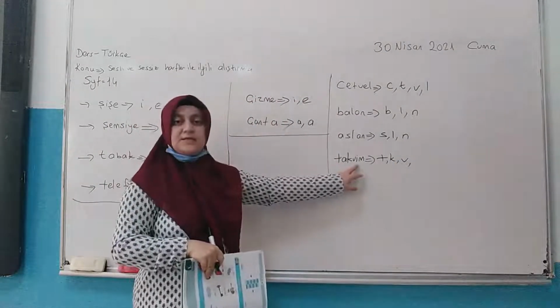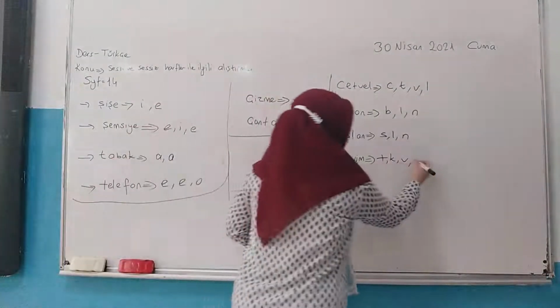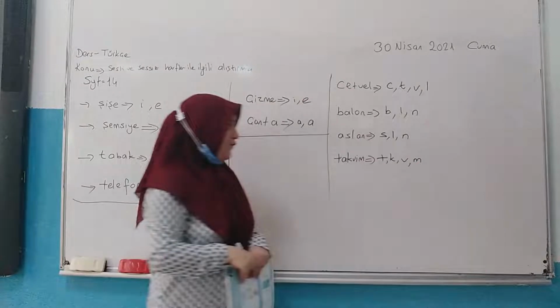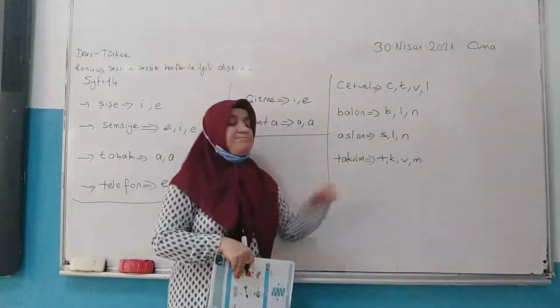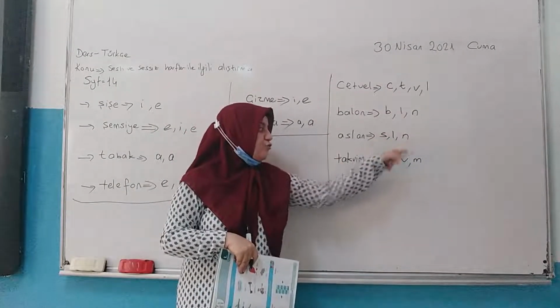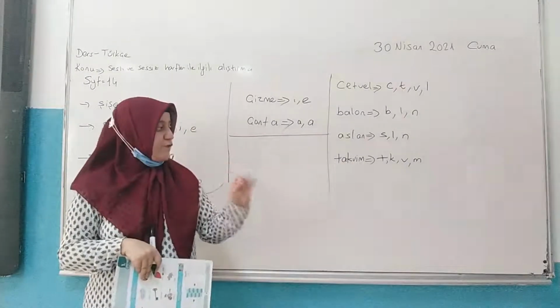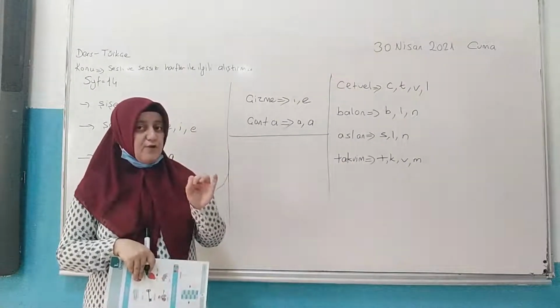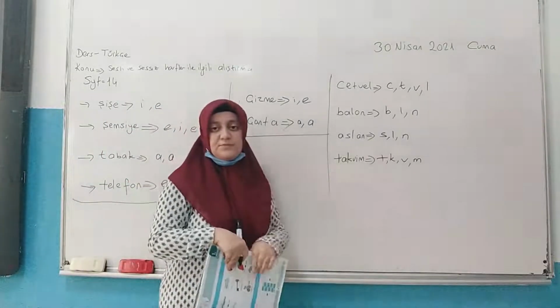I, sesli harf. M, sessiz. So, T, K, V ve M. Takvim. Takvimin içinde 4 tane sessiz harf var. We have 4 consonants inside of this word, which is called calendar.